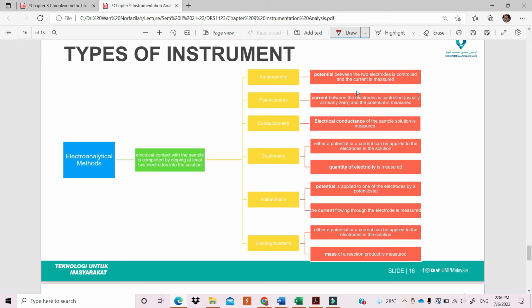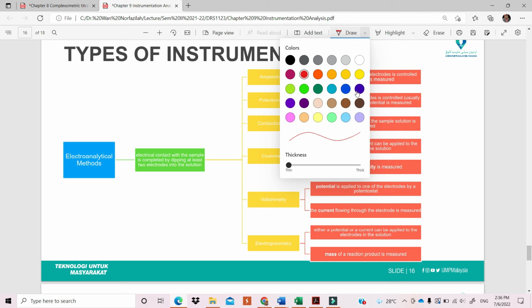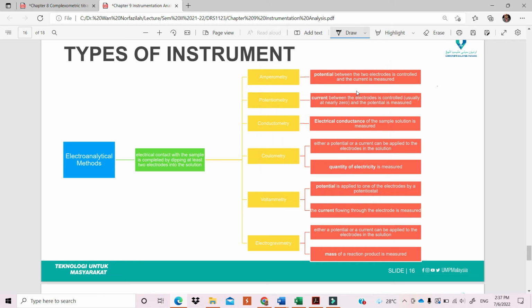So in electroanalytical methods, electrical contact with the sample is completed by dipping at least 2 electrodes into the solution. If the potential between the 2 electrodes is controlled and the current is measured, potential is controlled, current is measured, we call the instrument amperometry.